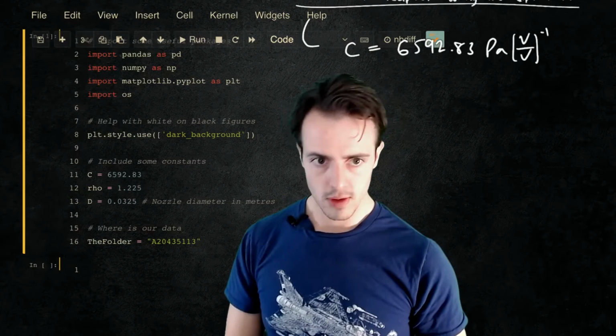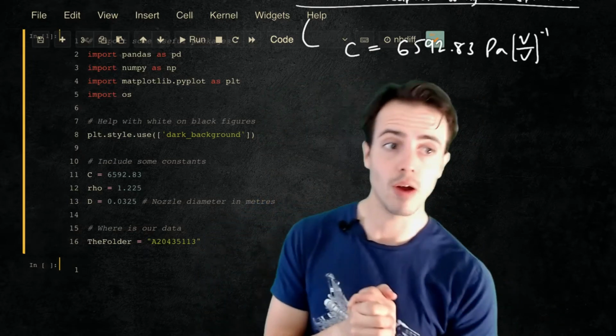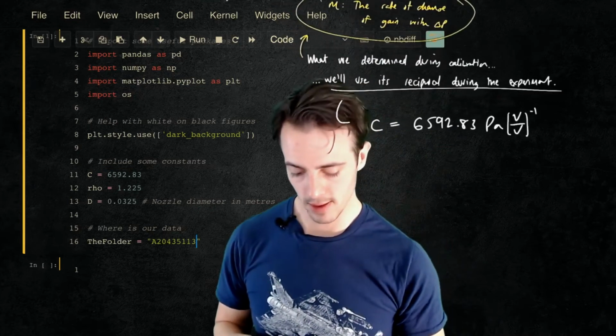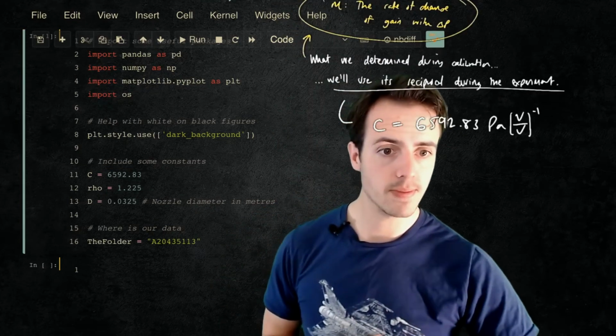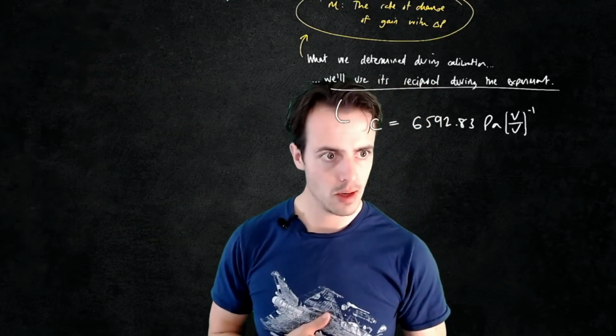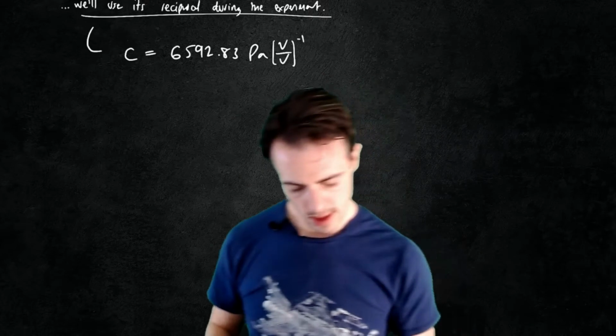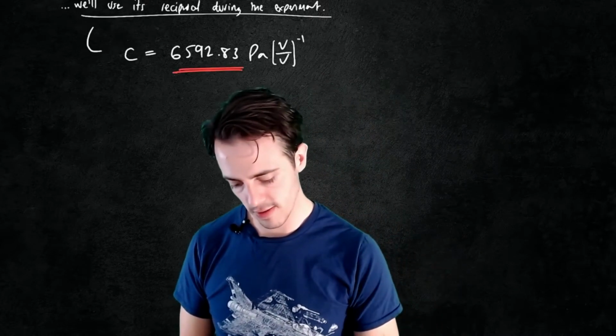So the very first thing we do with this experiment is we've got to work out what the 0 is, and I haven't really spoken about that. So let's talk about what that means. This constant here tells us the sensitivity of the transducer.